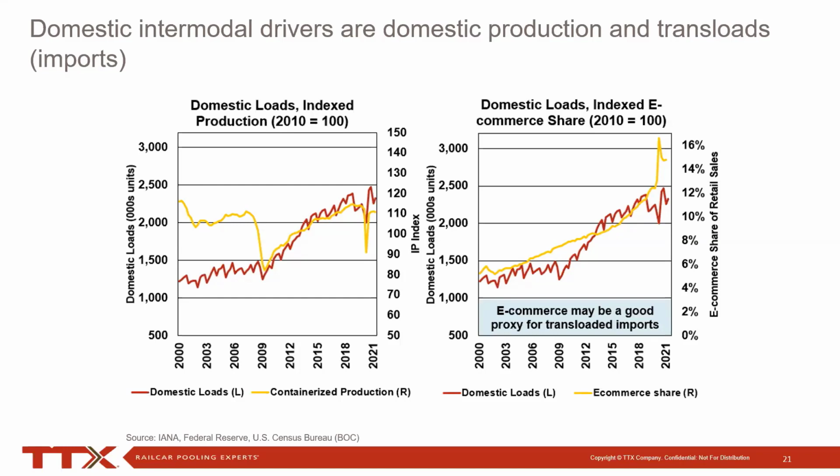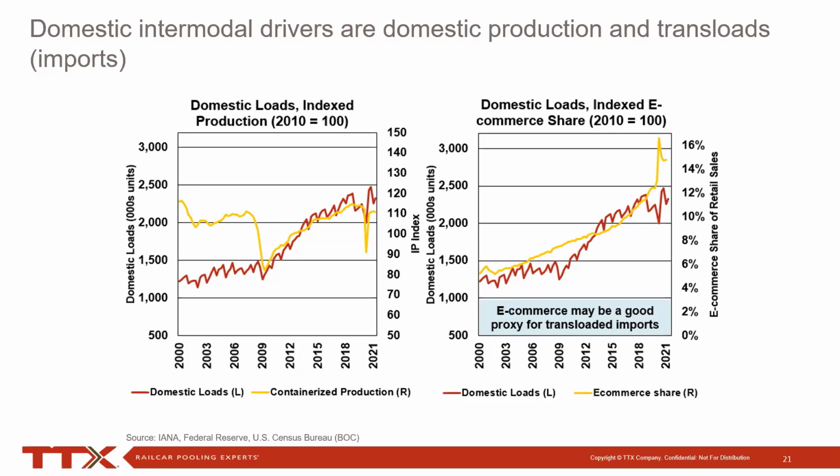Second, we want to develop a forecast for the underlying demand of imported goods that ship in domestic containers, AKA transloading. And surprising, at least to me, was that we used e-commerce share growth of retail sales, and that produced a pretty good fit with the models, which is the graphic on the right.